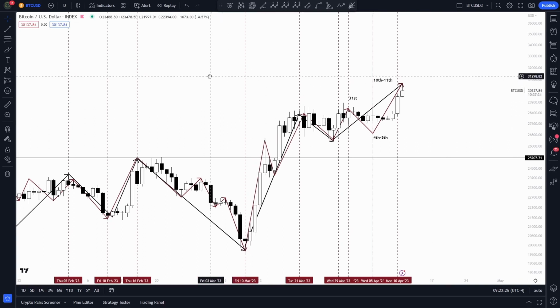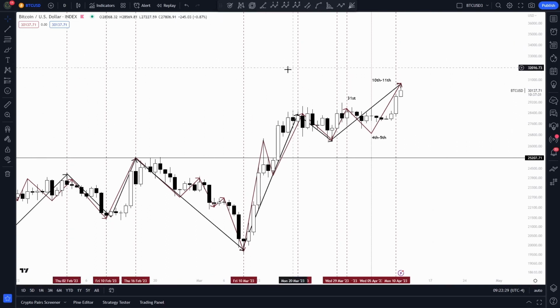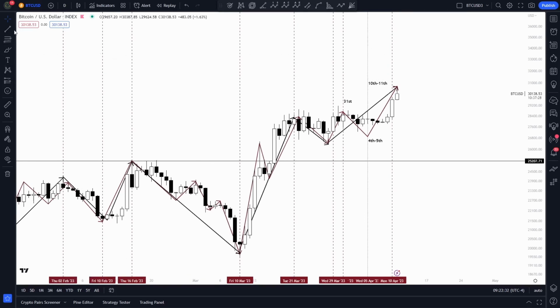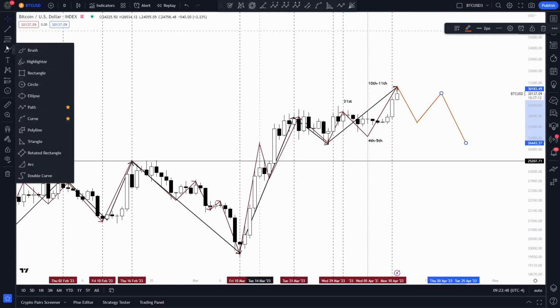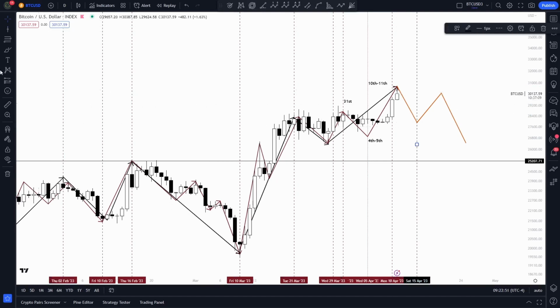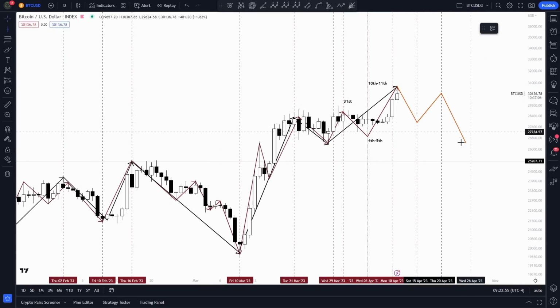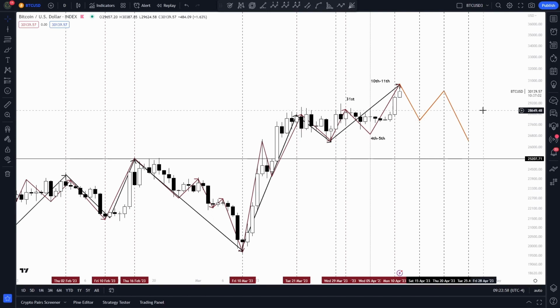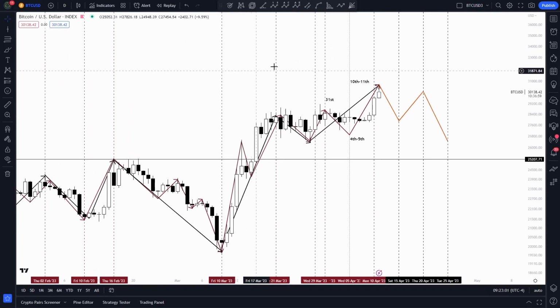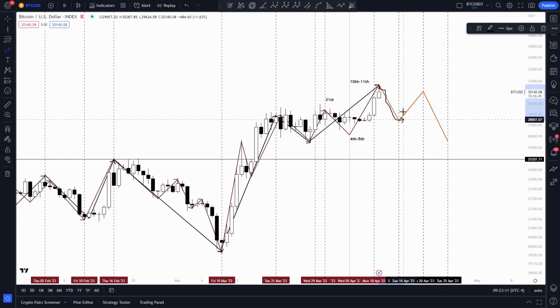Now I want to mention inversions. What is an inversion? Let's start with this. This is just an example of my forecasting. Say our forecast for the future is like this, and price goes down here, up here.